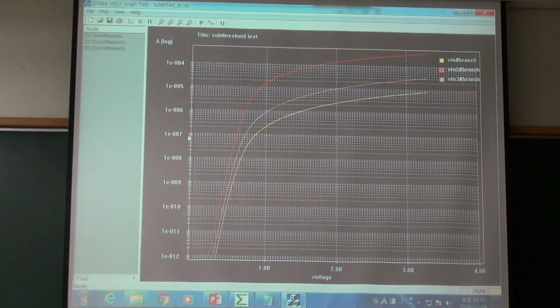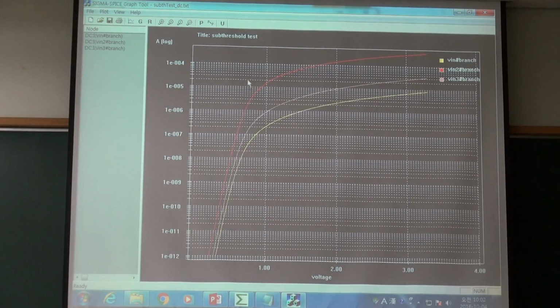Okay, so 100 nanoamp is here. So here, 1 by 40, definitely in weak inversion, right? The center one, I think it still works in weak inversion, right?